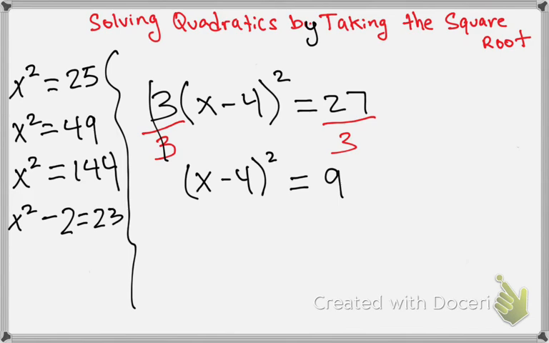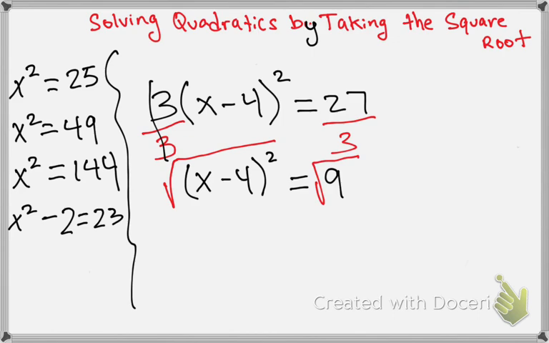Now we just do our inverse again. You're probably thinking, what inverse could he possibly be doing? Right now we have this whole left side being squared. So think inverse: let's take the square root of the whole left side. But again, we must also do it to the right side.